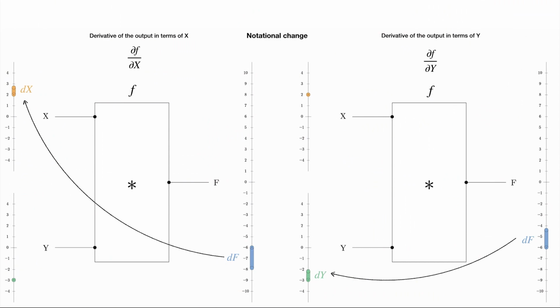And if you want to be really precise, then we also want to say what kind of inputs there are. So instead of saying delta f, we can say delta f of x comma y. So what we have now is delta f of 2 inputs x and y over delta x, and delta f of 2 inputs x and y over delta y. And these are the only 2 options we have for our multiplication case.